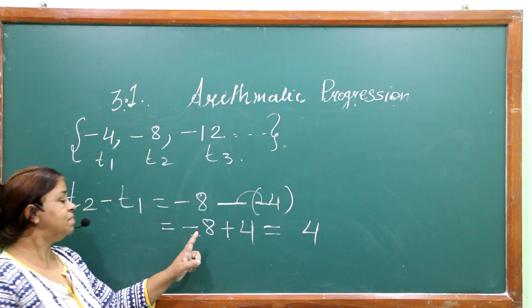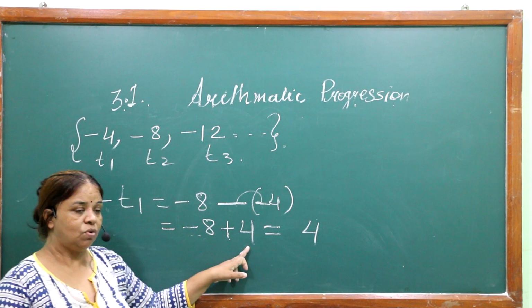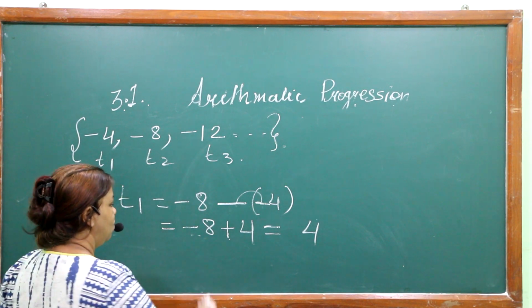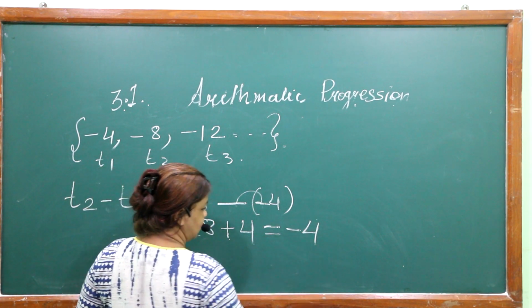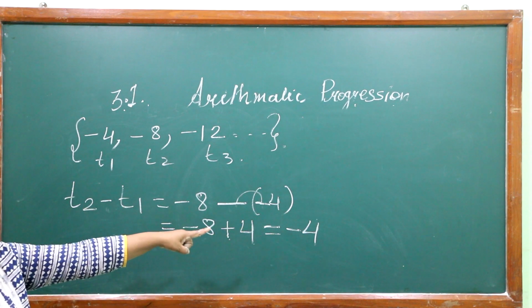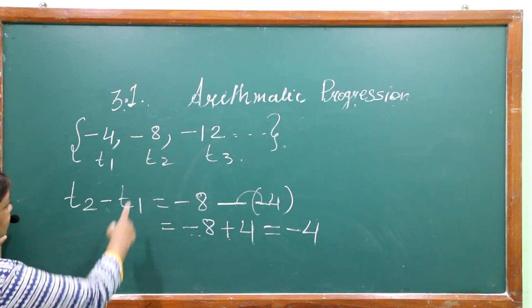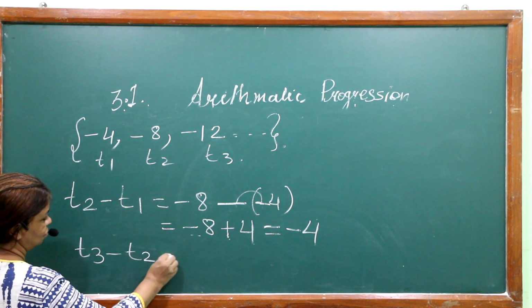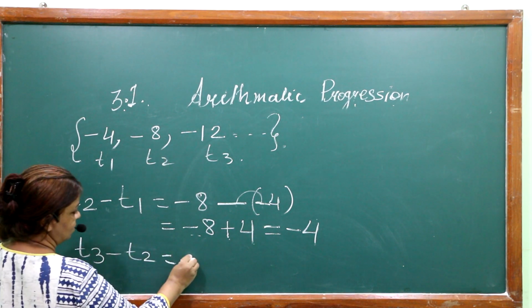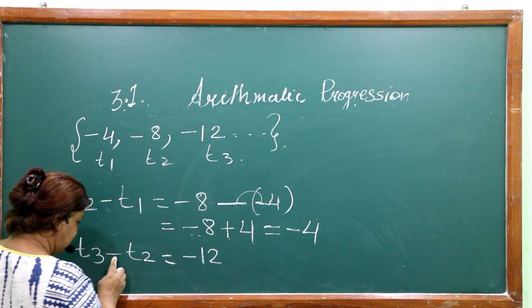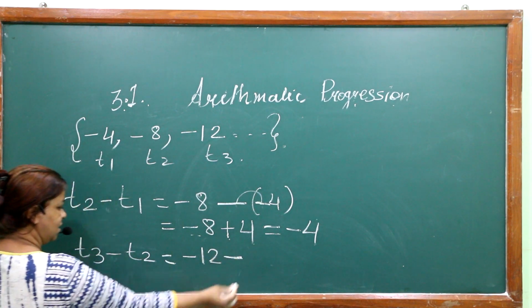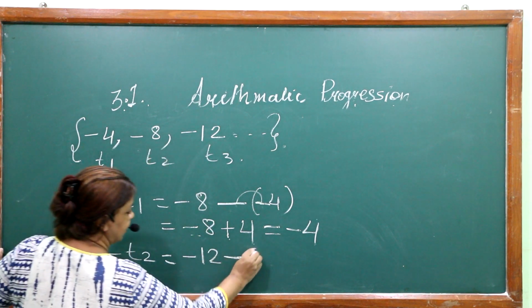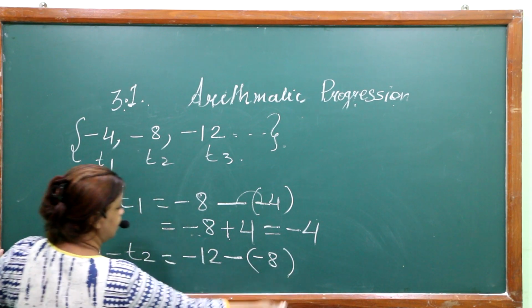But the sign: which number is greater? 8 is greater than 4. And what is the sign of 8? Minus. And therefore, the difference comes out minus. Now let us see the next one. T3 minus T2. What is T3? Minus 12. Then this minus, minus T2, that is minus 8.